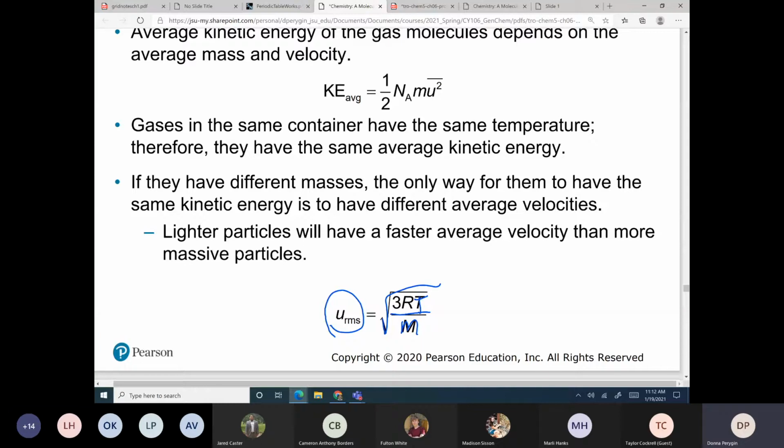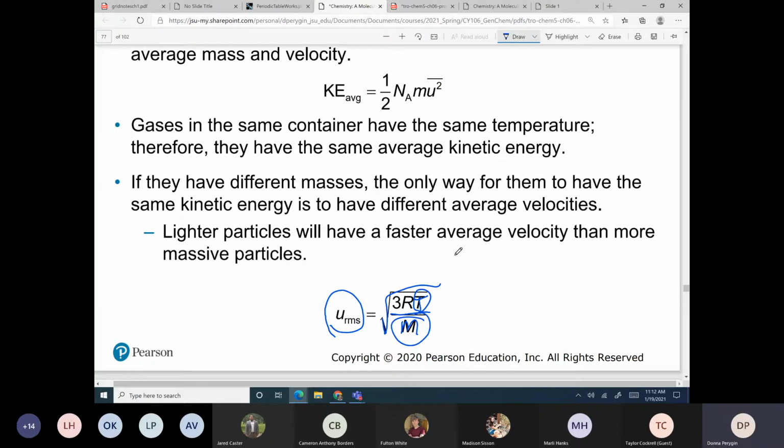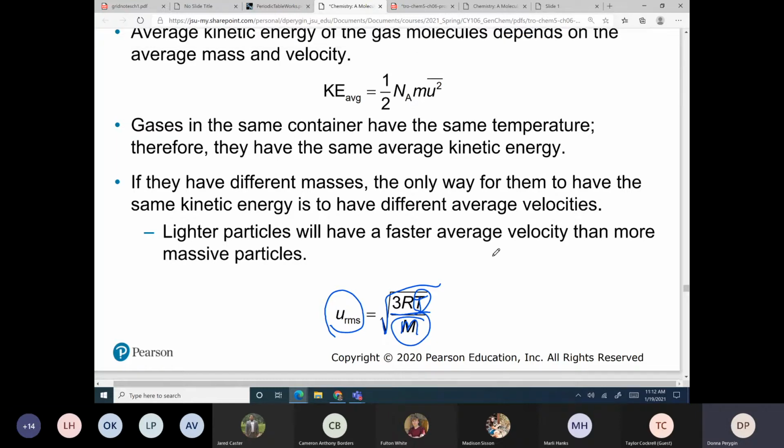So the energy is proportional to temperature divided by the molecular weight. So lighter particles will have a faster average velocity than more massive particles, because the larger the molecular weight, the slower they're going to move in order to keep that constant average velocity. So this nu stands for average velocity.